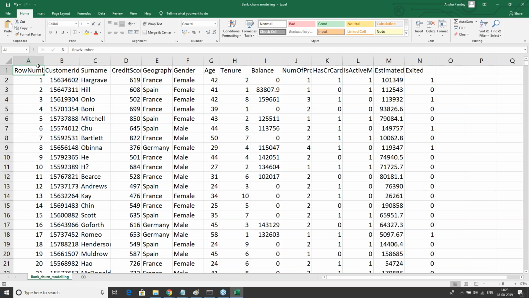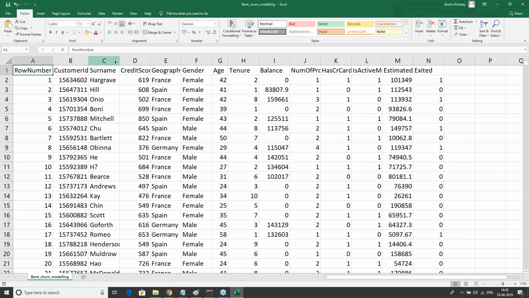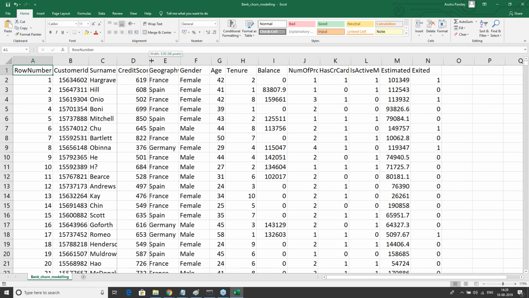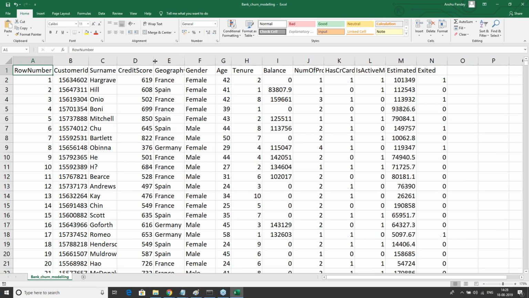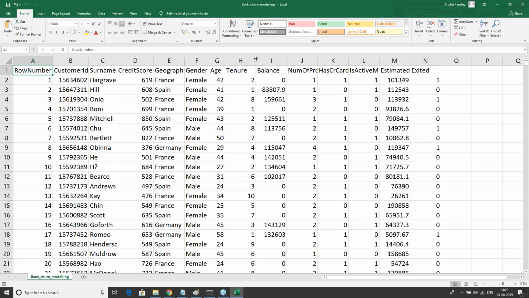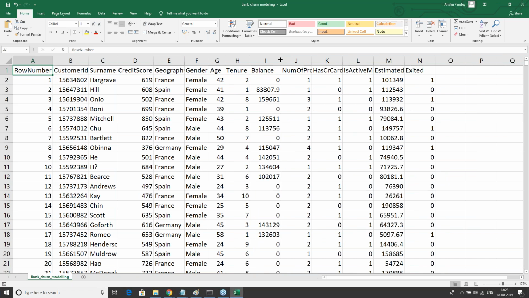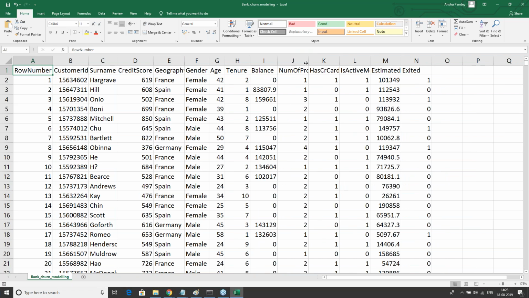So we have row number, customer ID, the surname of every customer, and the credit score of every customer. Out of these columns, which do you think are not at all related and should not be considered as a part of the research to identify whether the customer will leave or not? We have the number of products.